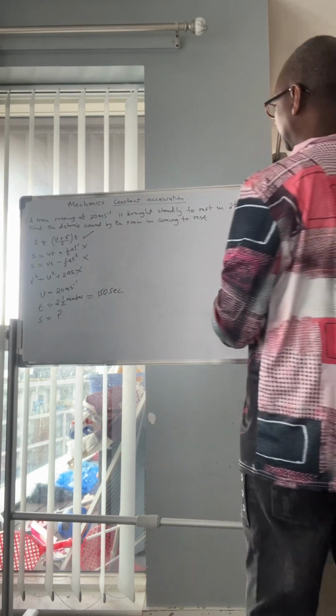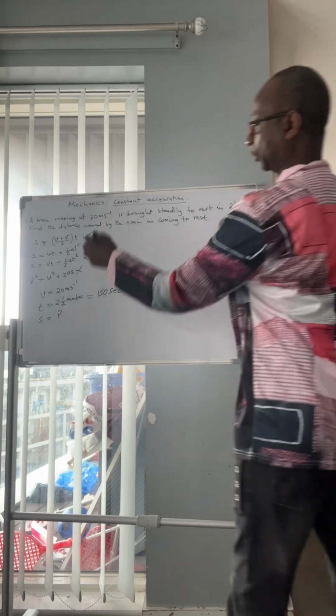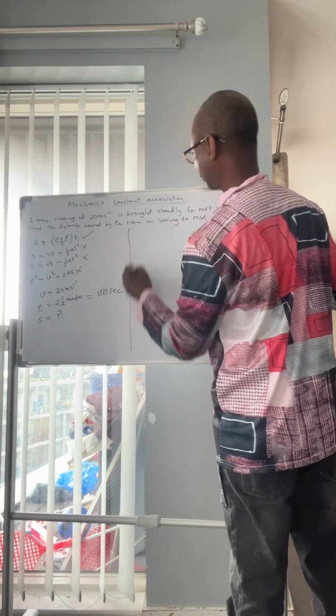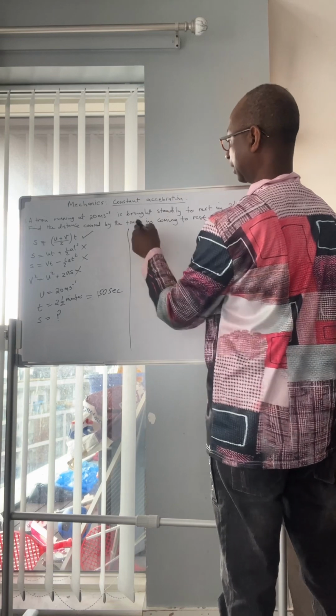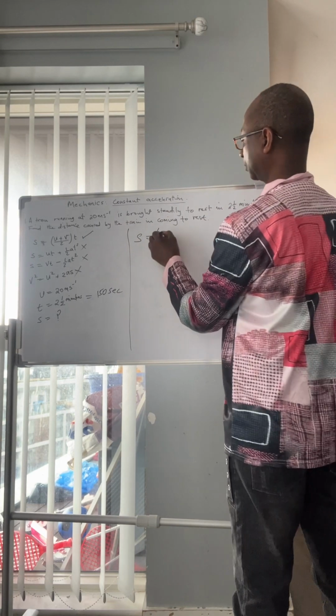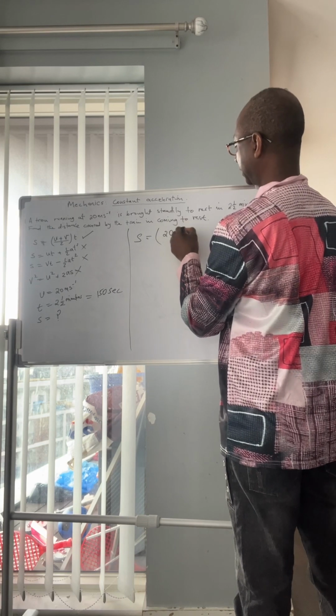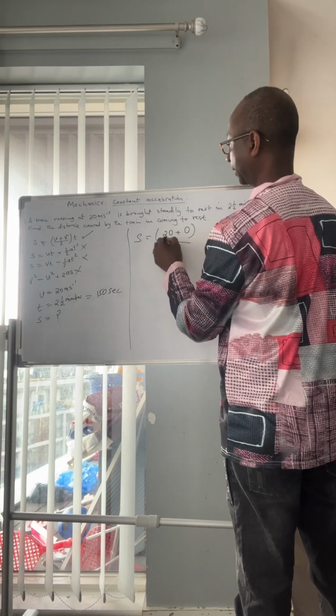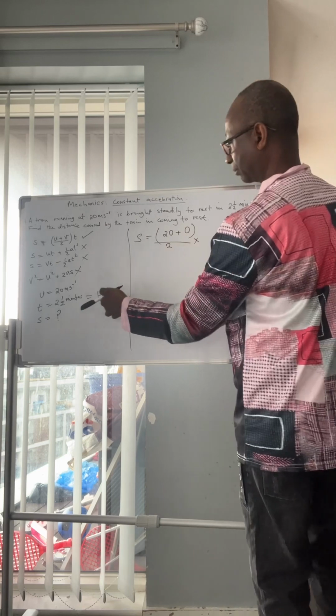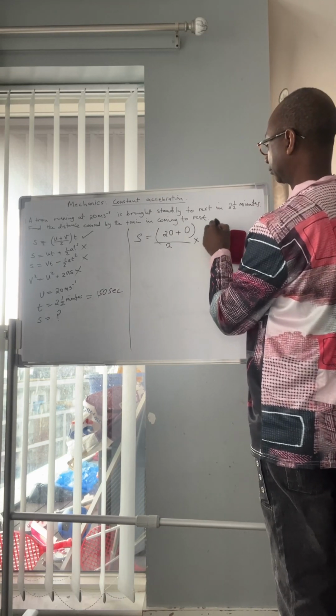150 seconds. So now you have your distance s equals the initial velocity, which is 20, plus the final velocity, which is 0, all divided by 2, times your time, 150 seconds.